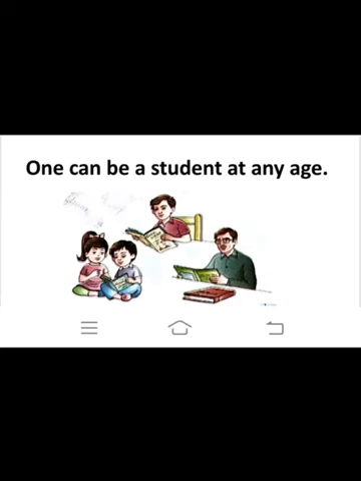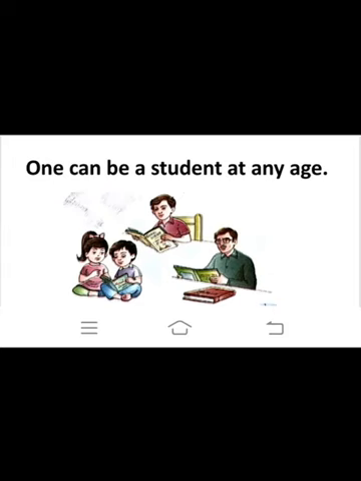Understood? Okay. Now for example, there are some learned scientists and writers. They have started studying at the age of 40. Means they started studying when they became 40 years old.